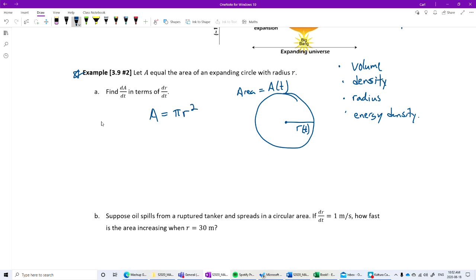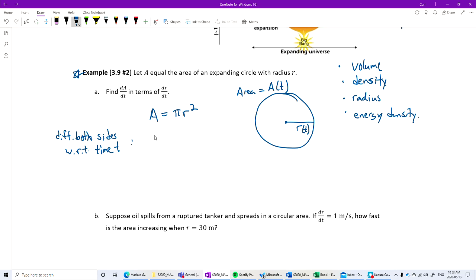Now what we do next, we're going to relate the derivative of A to the derivative of r, and what we do is we differentiate both sides with respect to time.